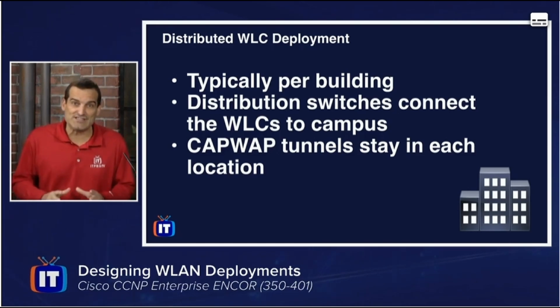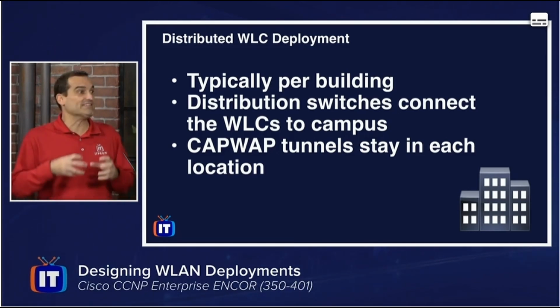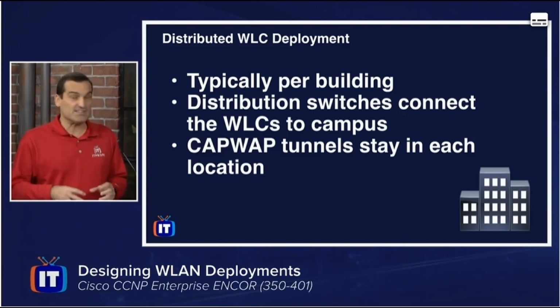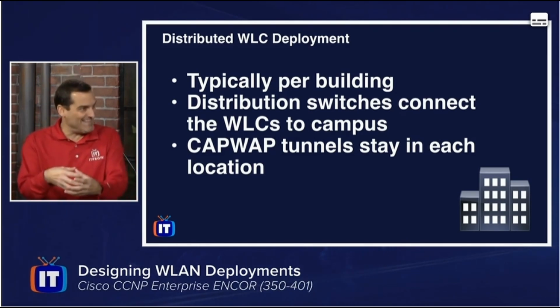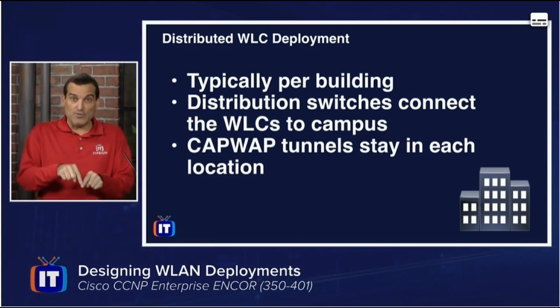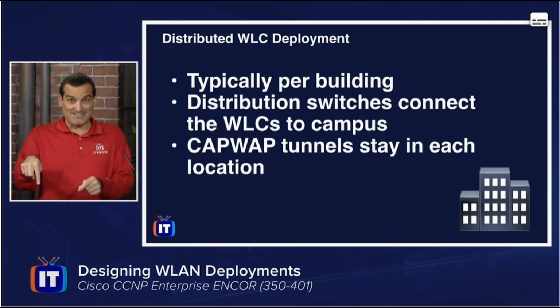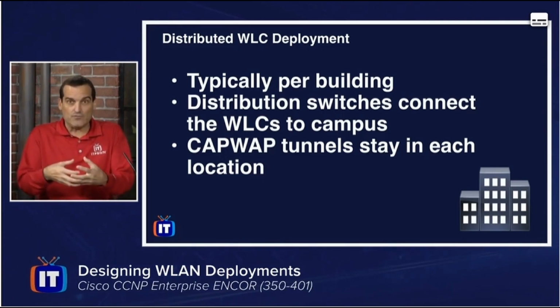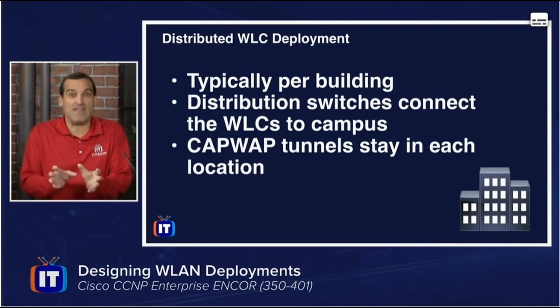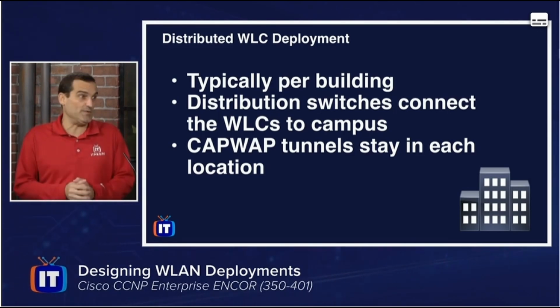And when you use this distributed model, a huge benefit is that the CAPWAP tunnels remain in that geographic location, in that building, because those are the communication tunnels from the APs to their wireless LAN controller, and we segment those into the buildings where those WLCs are distributed.